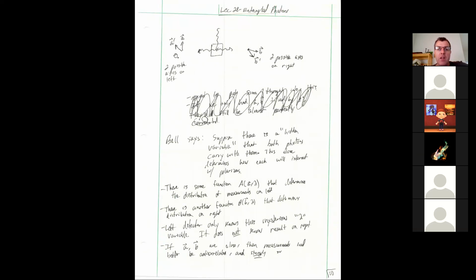They know how this polarizer will be oriented. They know how that polarizer will be oriented, and they reach an agreement. And of course, photons talking to each other and reaching agreements is beyond any notion that even begins to make sense to us. But then again, so is quantum mechanics.